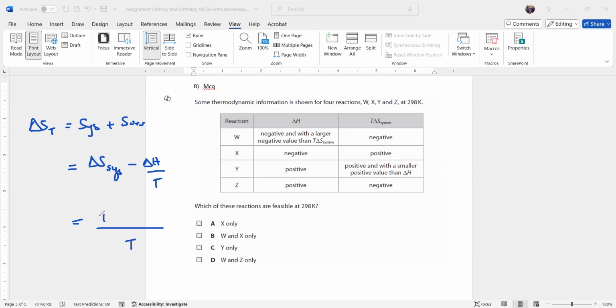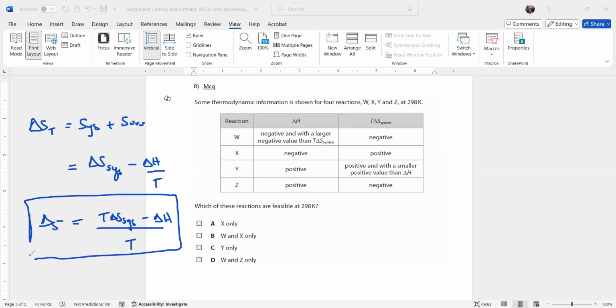So this will become T delta S system minus delta H, over T. That is the total entropy. So this is the equation for us.